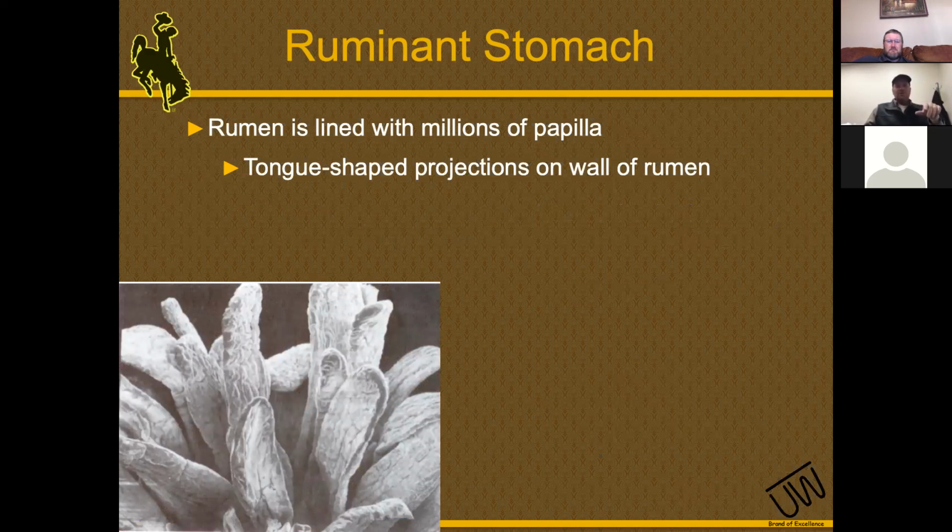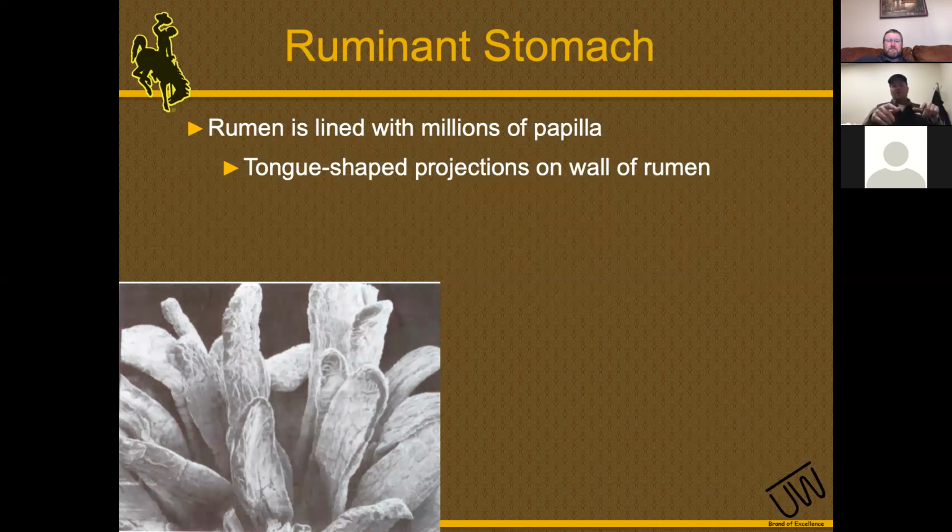So here's a picture of those papillae. I mean, there's millions of them. If you see the lining of a rumen, it actually changes with diet. So the higher fiber diet, they're going to have larger papillae. If you ever go to grad school and you're a nutritionist, you do these different studies and cut open a lot of animals and look at stomachs. But in a feedlot concentrate type animal, they're going to be much smaller because that is a more readily available carbohydrate.